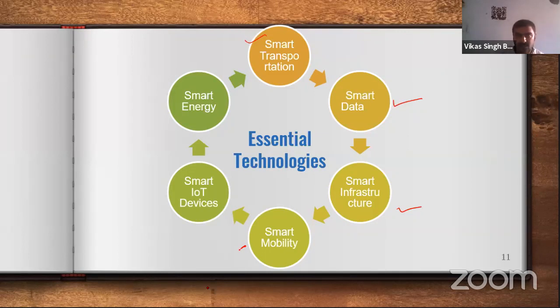Then for all these purposes, the main point is smart IoT devices. These will help in the communication between the devices which are connected in any smart city. Then smart energy. In this, different components are there, like smart grid, smart meters.